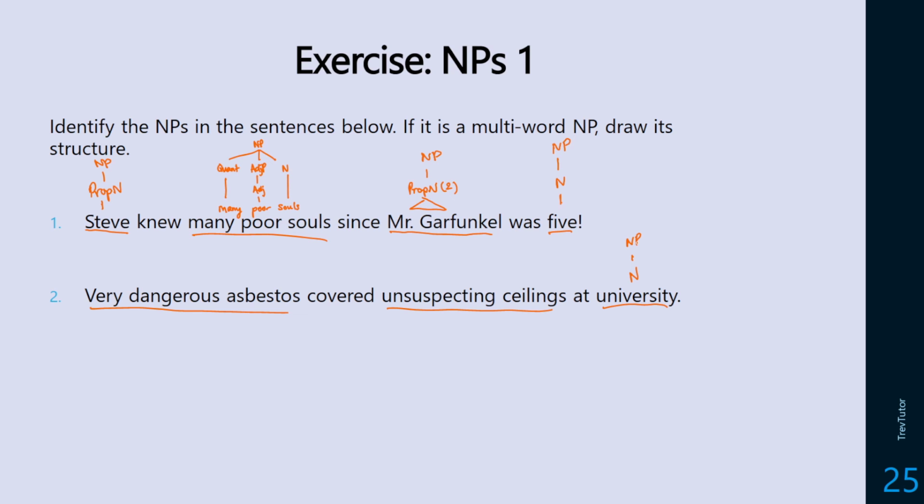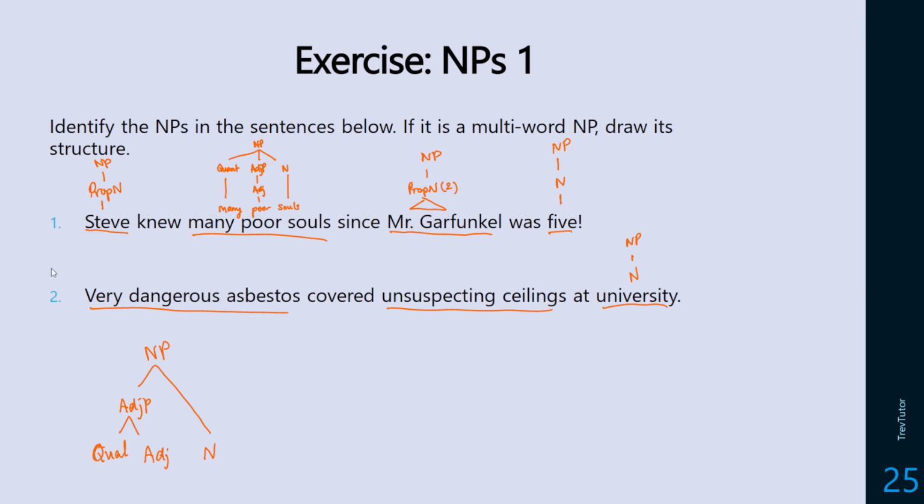For very dangerous asbestos, what we're going to get is dangerous, which is an adjective modified by the qualifier very. These will build up into an adjective phrase, and then that is going to connect to the noun to build the noun phrase.